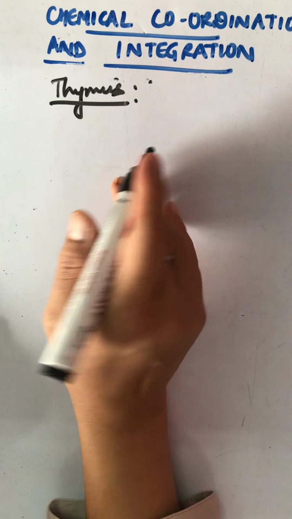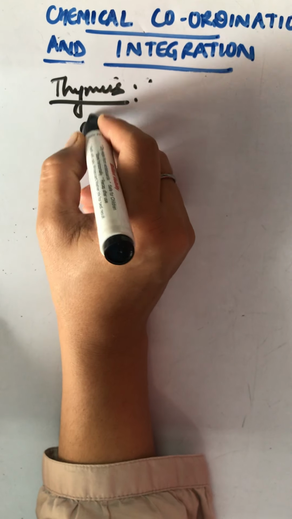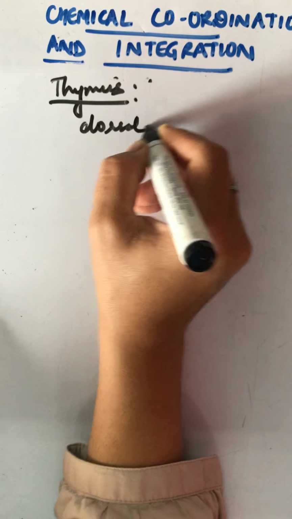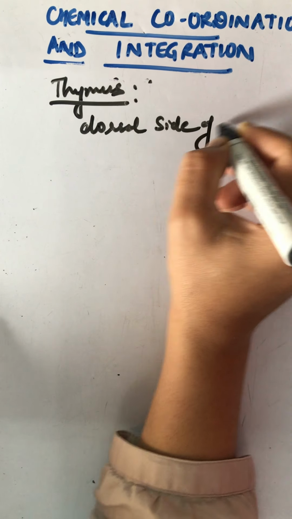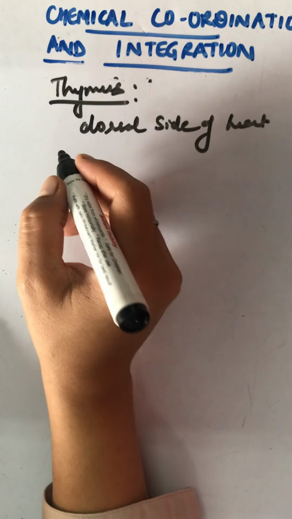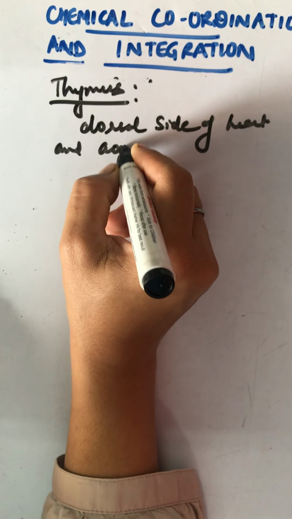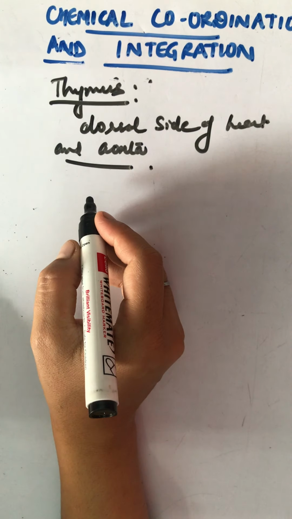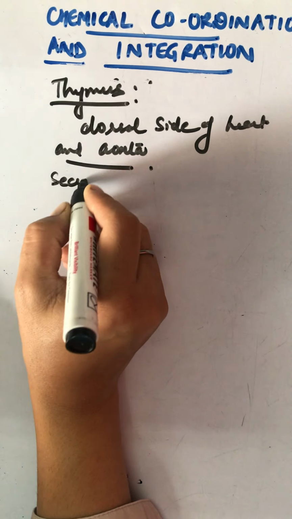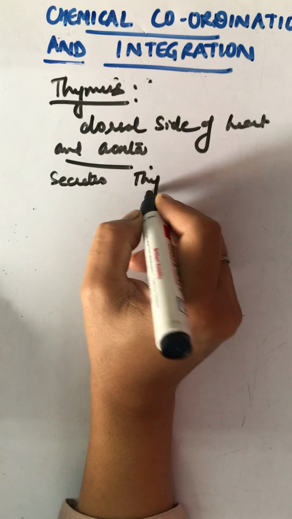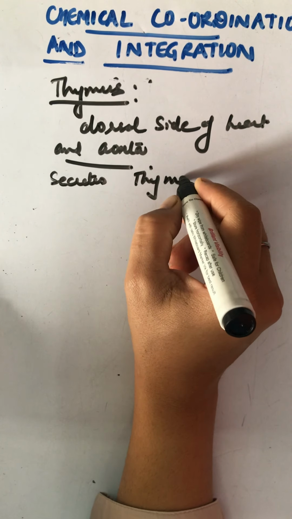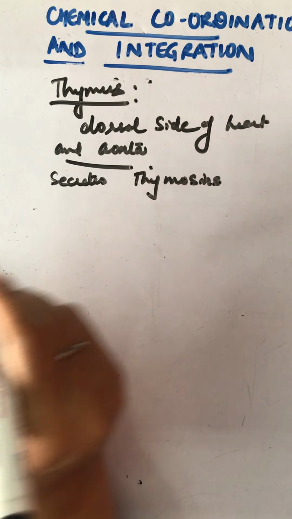Thymus. Where is it located? On the dorsal side of heart and aorta. And what it secretes? It secretes thymosin.